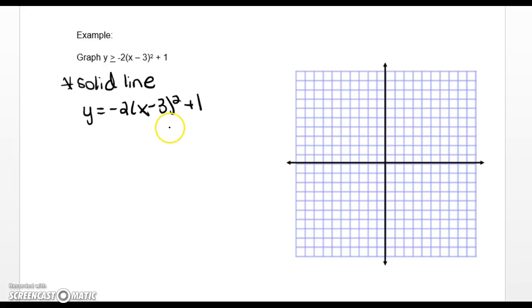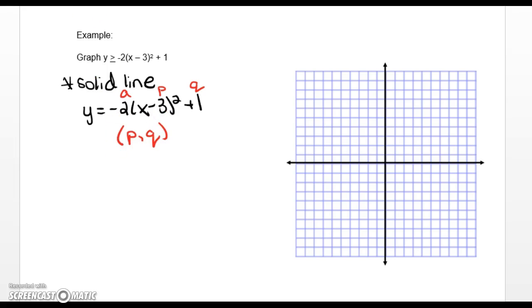And one really awesome thing about this equation is that it's given in vertex form, meaning we're given the vertex within that equation. So if you remember back to chapters 3 and 4, this equation here is given in vertex form. So we have an a value, we have a p, and we have a q value. Your vertex is at the point (p, q).